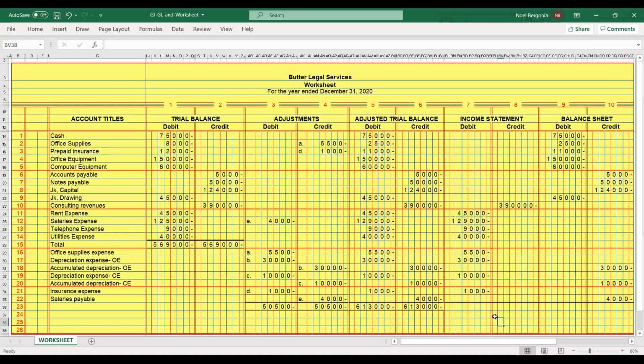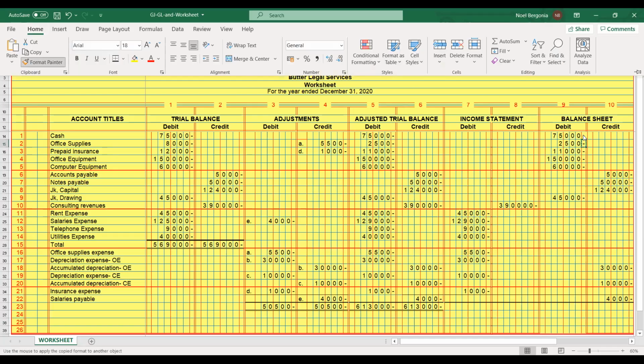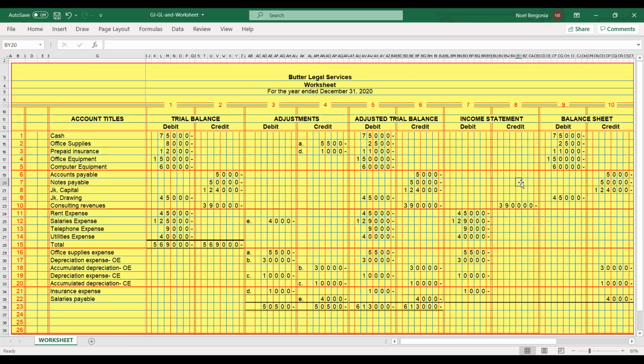Okay? So you need to add the debits and credits, no? So you can pause for a while, okay? And then you can total the debits and credits. So ako po ay hindi na magpo-pause, no? Kasi na-total ko na, pero kayo you can pause for a while and total it. So in the income statement, pag tinotal mo yung debit, this is actually 269,500.